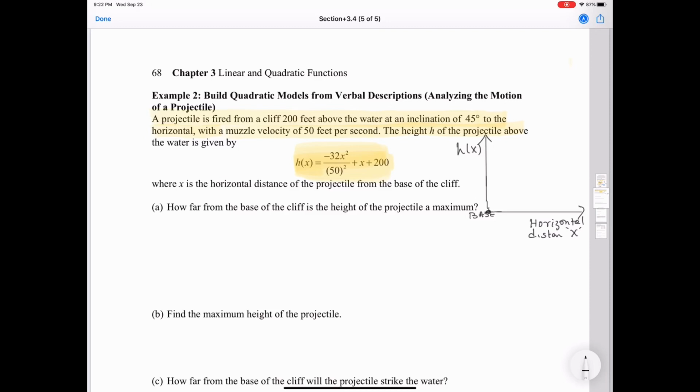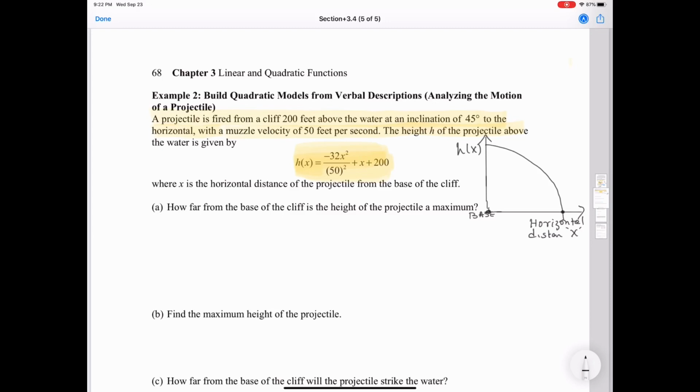We all know that if you throw something in the air, it's going to take a parabolic path, but because it's already 200 feet high, the path of this projectile is going to be something like that. That's where it's going to come and hit the ground.